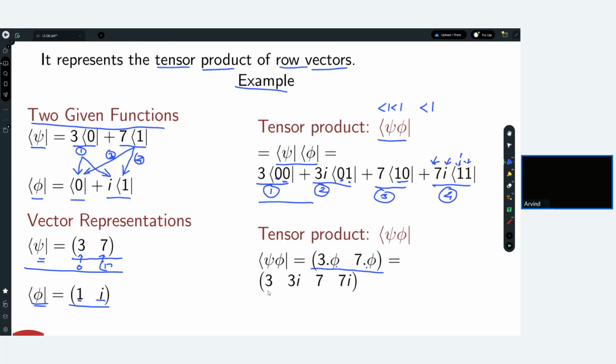So we will get 3, 3i, 7 and 7i, which is the equivalent row vector representation of the resultant bra notation that we got by multiplying two bra functions. 3 is present at the 00 position, 3i is present at the 01 position, 7 is present at the 10 position, and 7i is present at the 11 position.